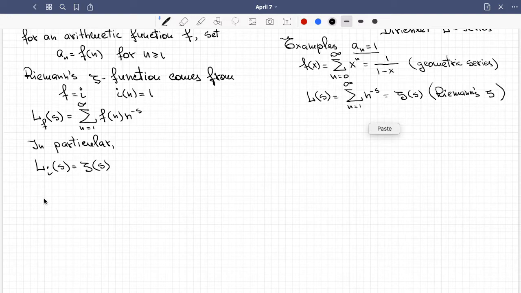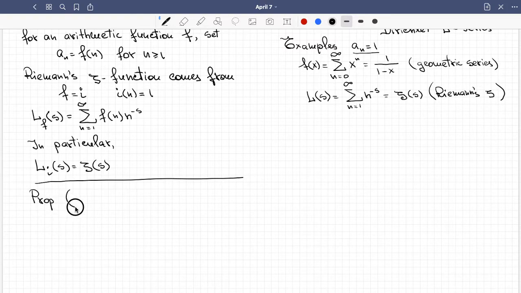In this case, what we obtain is the Euler product. This is a kind of proposition. Euler product.